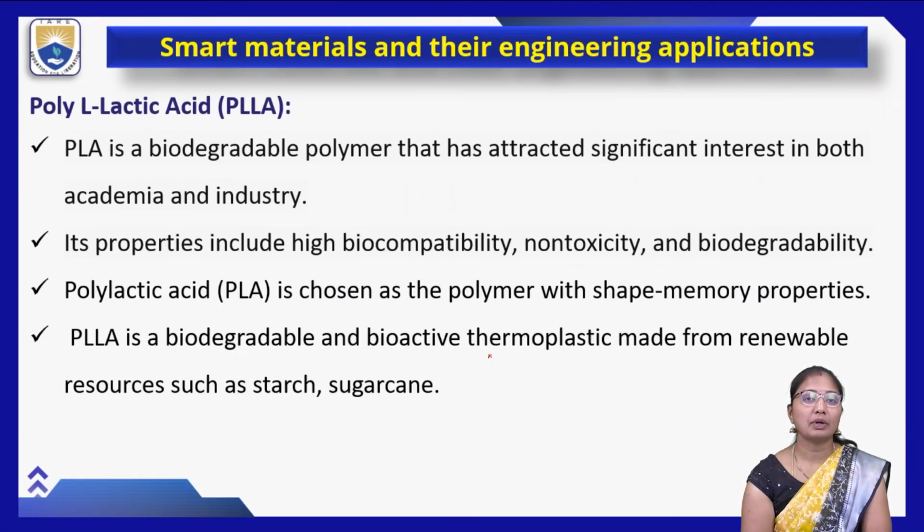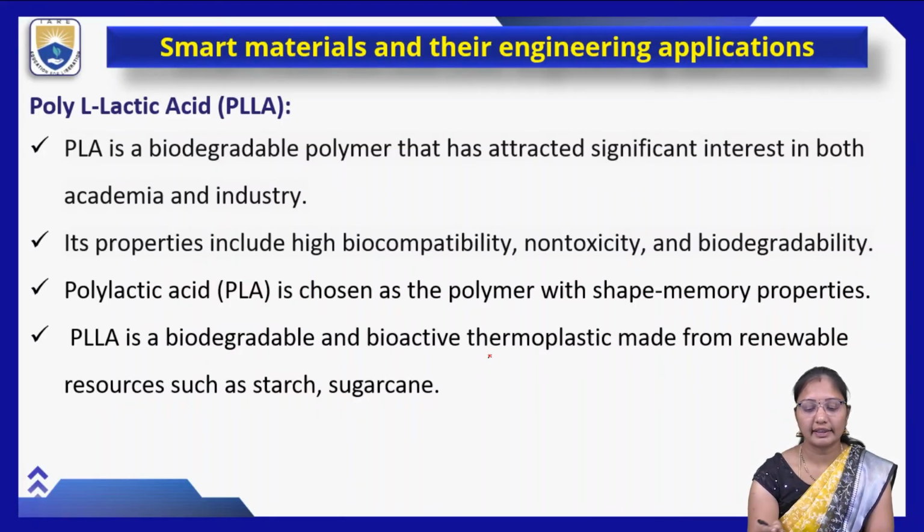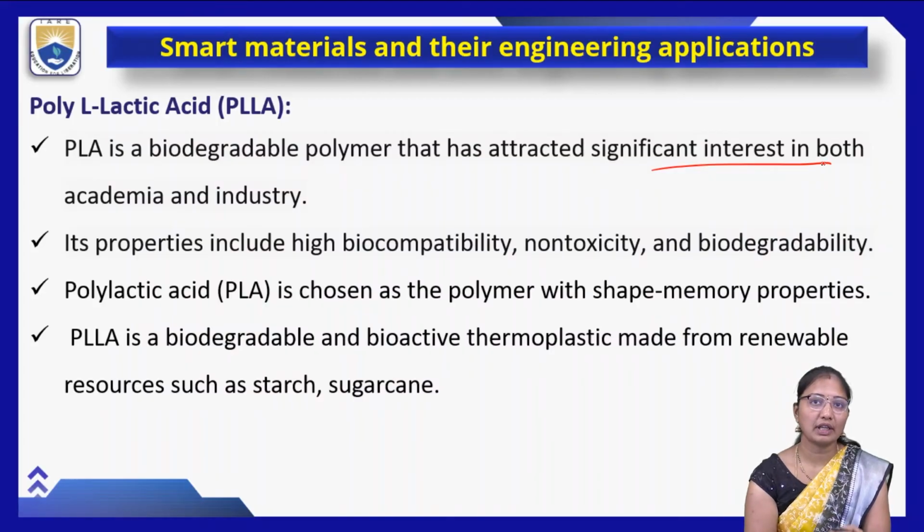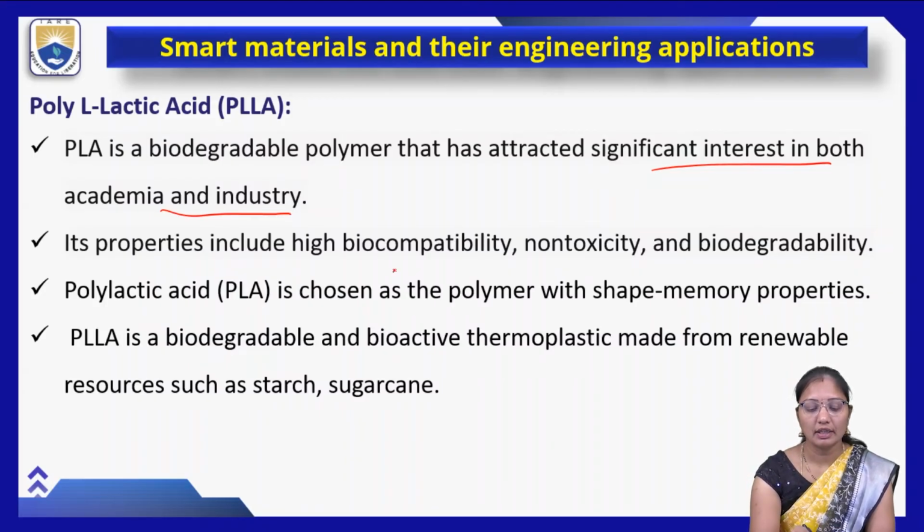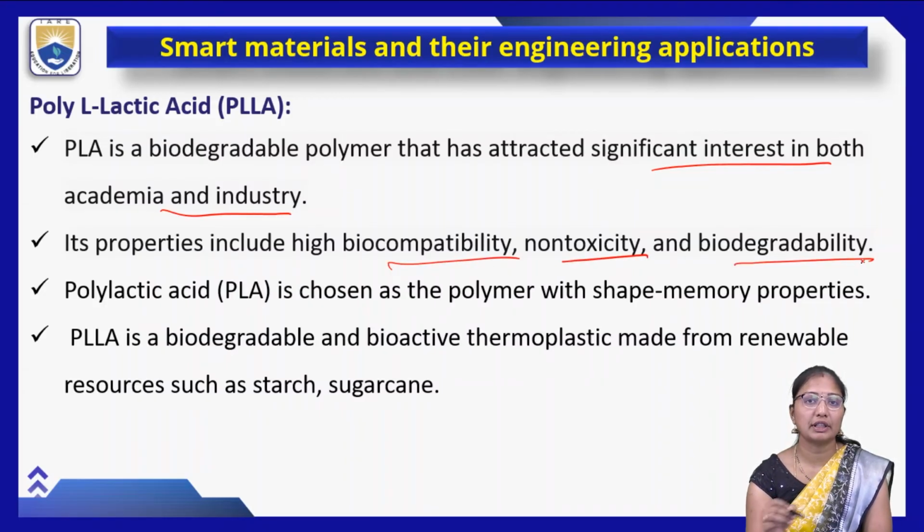And another shape memory material we are going to discuss is polylactic acid. Polylactic acid is a biodegradable polymer that has attracted significant interest in both academia and industry. These properties include biocompatibility, non-toxicity, and biodegradability.